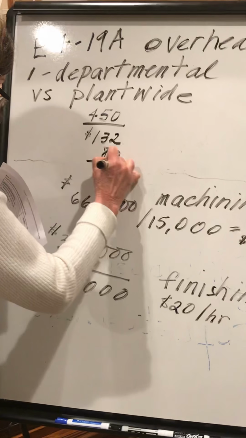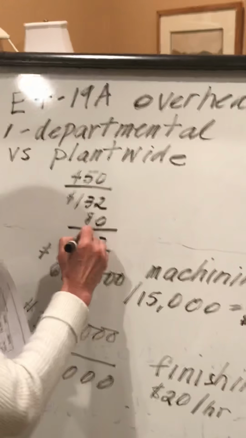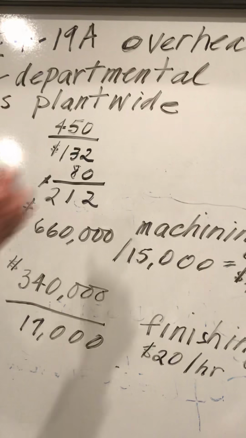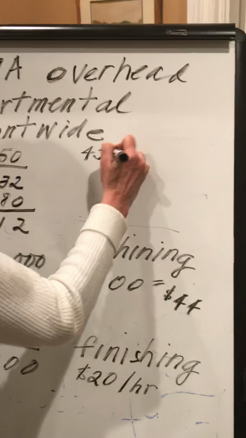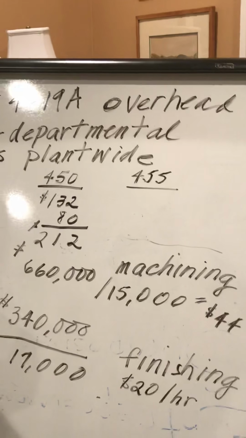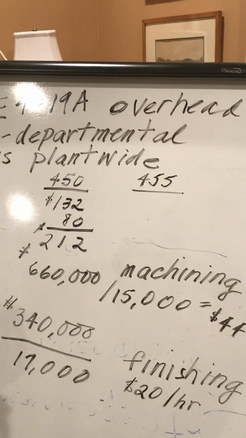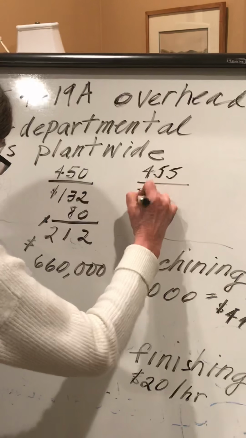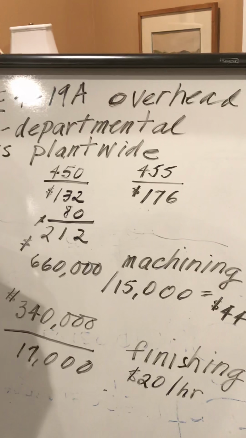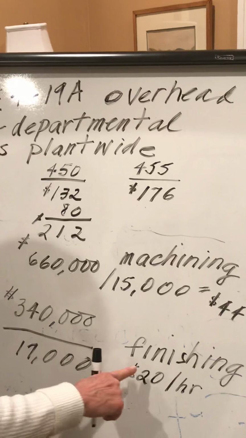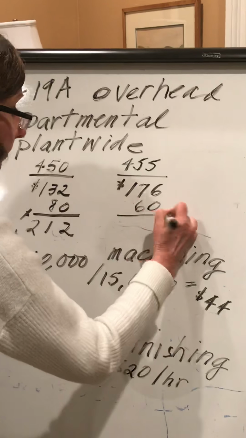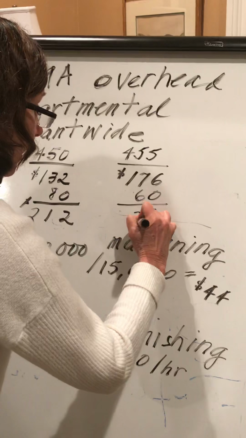So the cost of this job would be $212. Meanwhile, job 455, they expect that that will require 4 machine hours, not 3. So that would be $176, 4 times 44, plus 3 direct labor hours here, so 3 times 20, 60. $236.